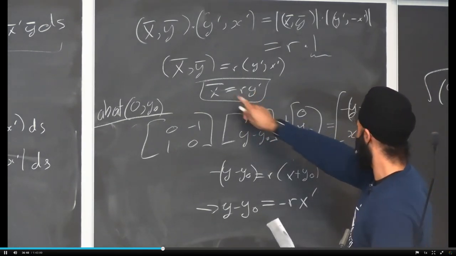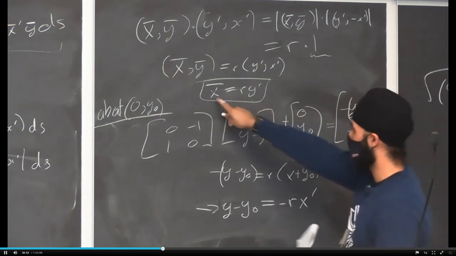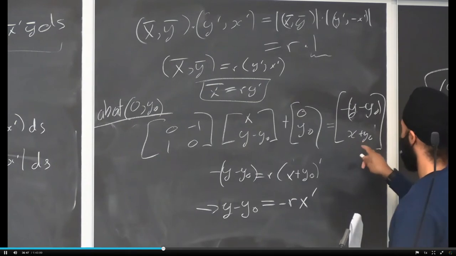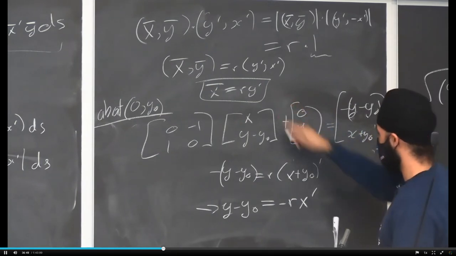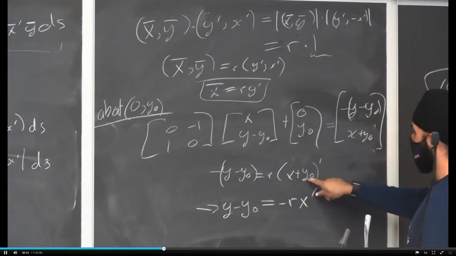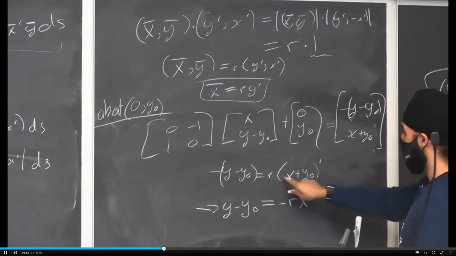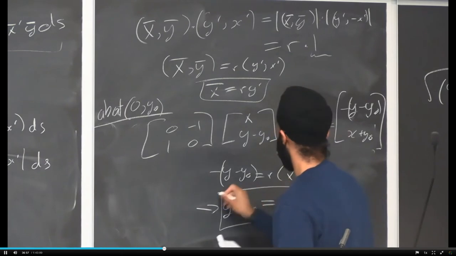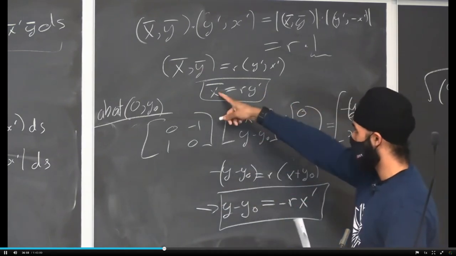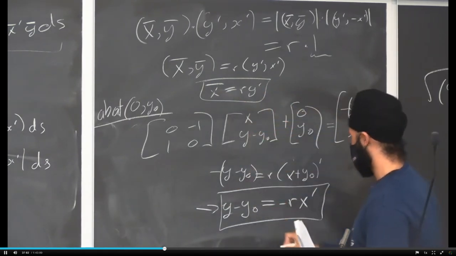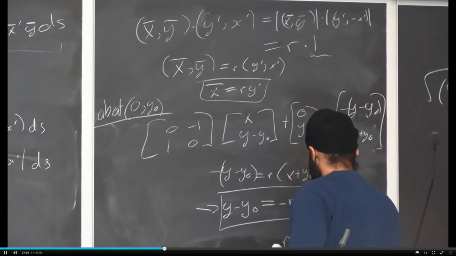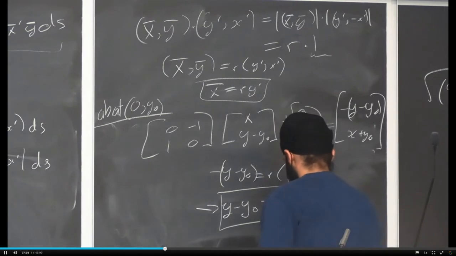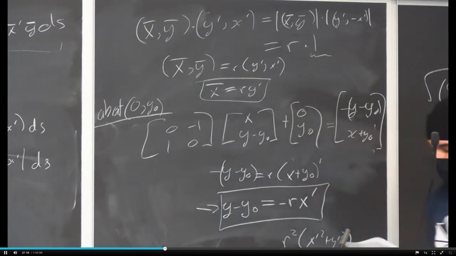So let's just plug it in. We plug in this for x, we get this, and for y prime, we plug in this prime. This is a constant, so the derivative of a constant is 0. So we get r x prime, and this is the second equation we were talking about. Then we square this side, and we get r squared times (x prime squared plus y prime squared), which is equal to r squared. That's how we get the equation of a circle.